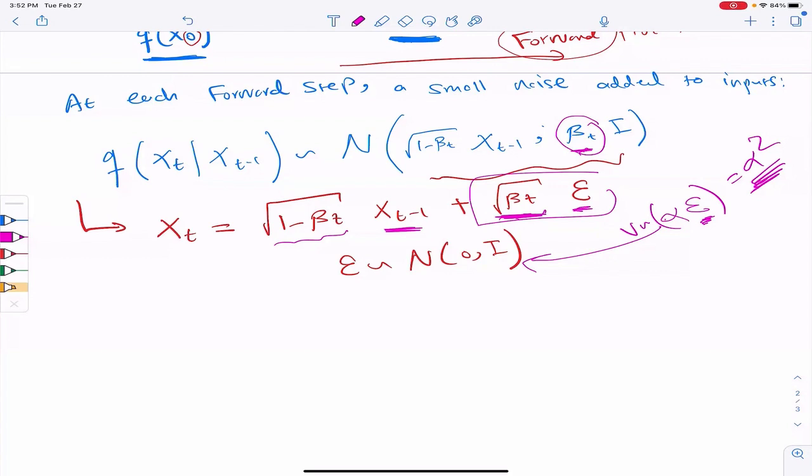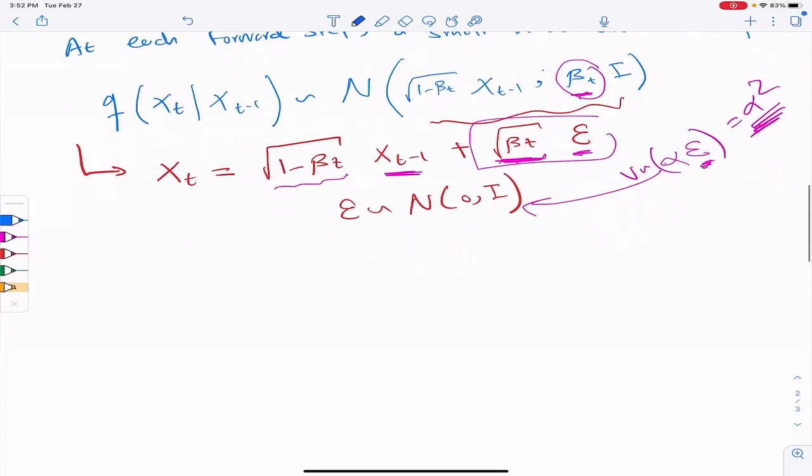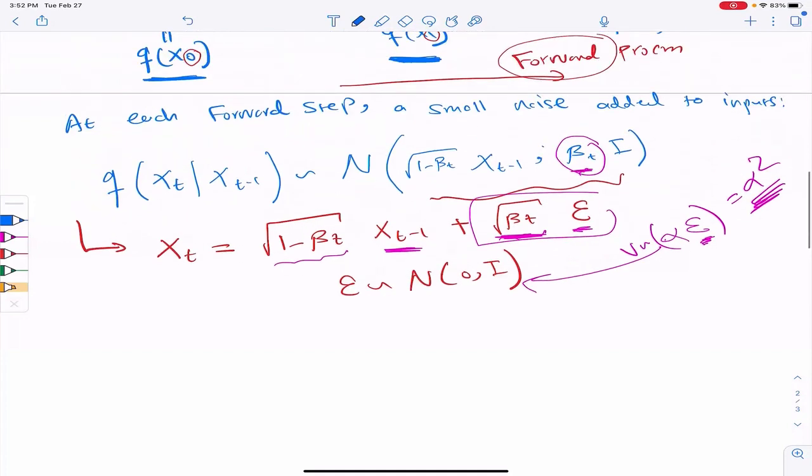Is it possible that I directly generate a noisy version of my input at time 100 without going through generation at time 1, 2, 3, 4, and so on and so forth? Let's see if that is possible. As I mentioned, xt is related to xt minus 1 via this equation.